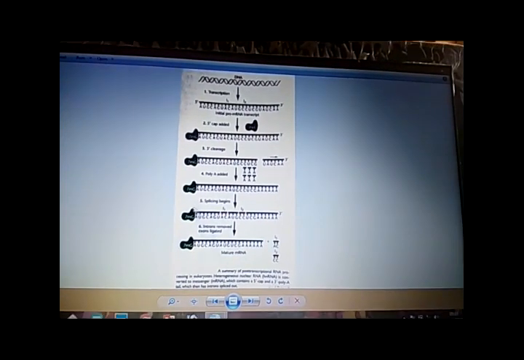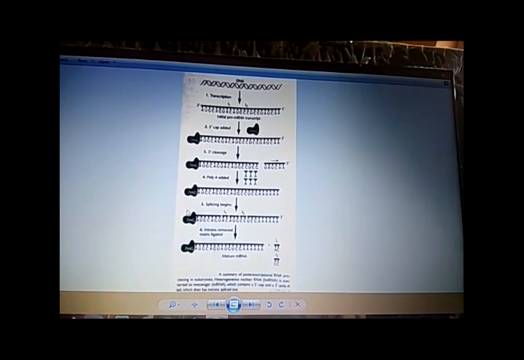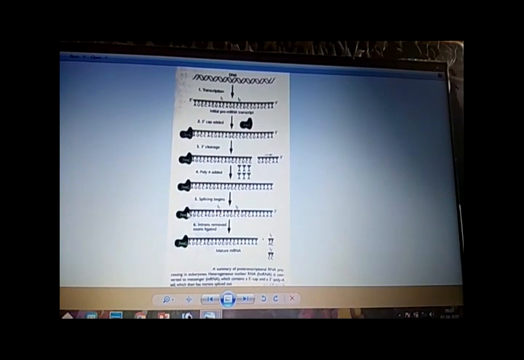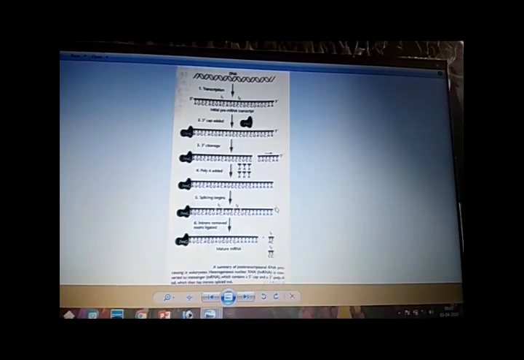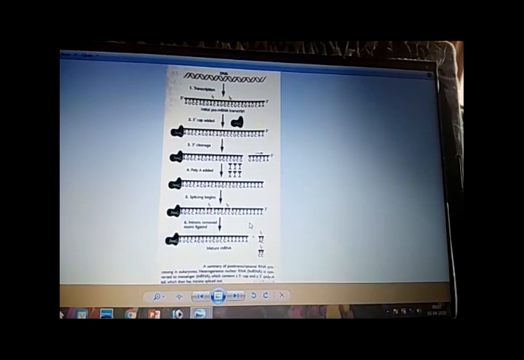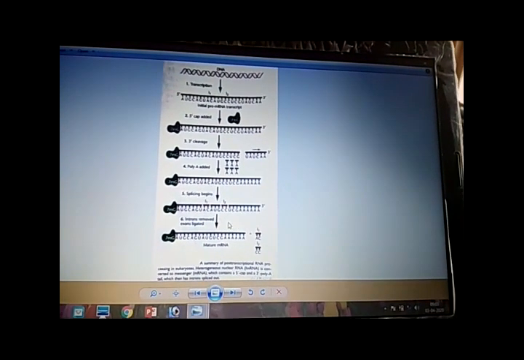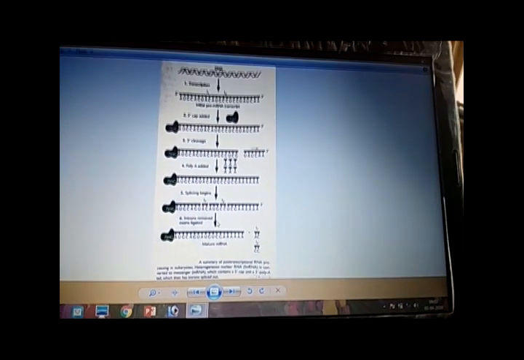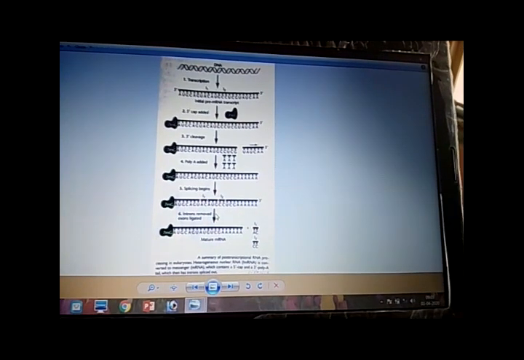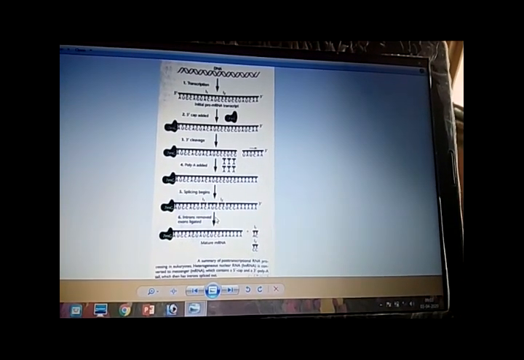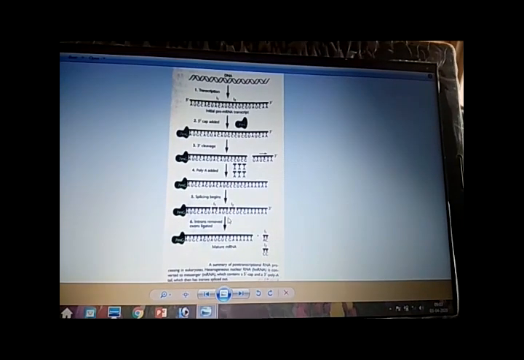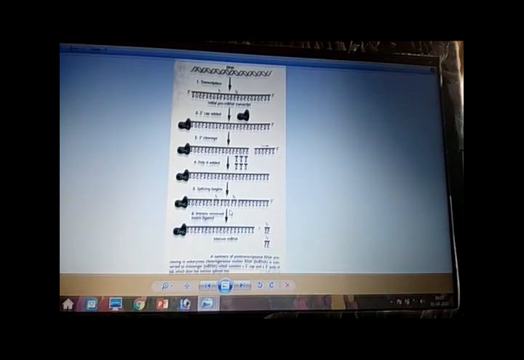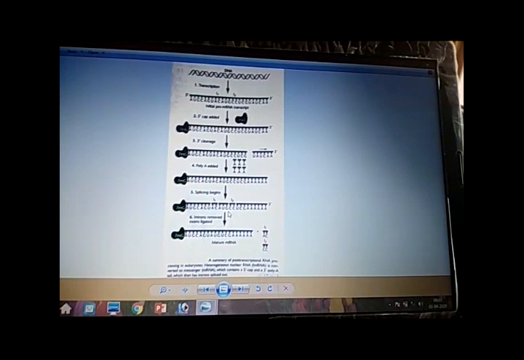One is the addition of a 7-methyl guanosine cap at the 5' end and the addition of a polyadenyl tail at the 3' end. The latter two features are not included in the split gene, but I have mentioned them here to give a glimpse of what happens during the processing of RNA.